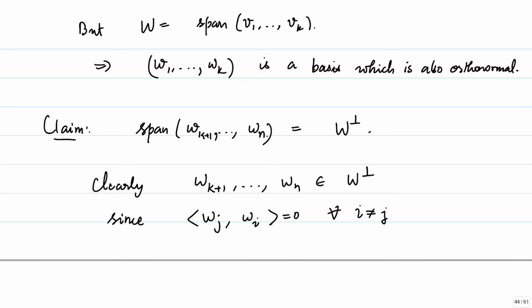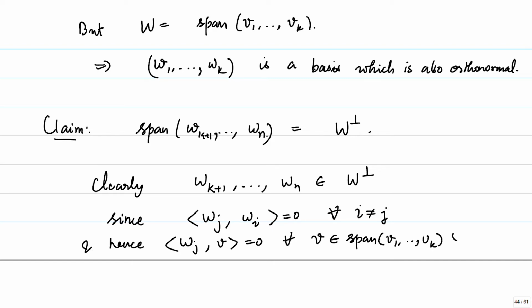So, in particular for j greater than k and i less than or equal to k, the inner product should necessarily be 0, and therefore it will be orthogonal to every linear combination of W1, W2 up to Wk, and hence the inner product of Wj and V is equal to 0 for all V in the span of W1 to Wk, for j greater than k.